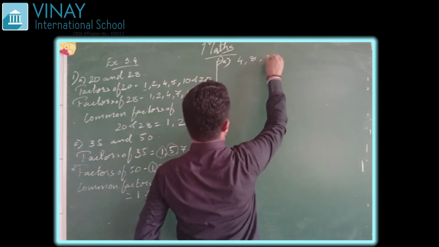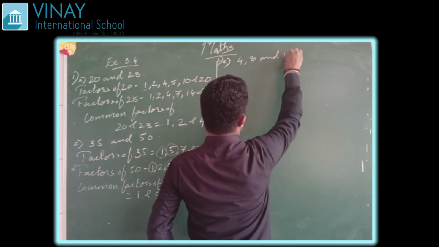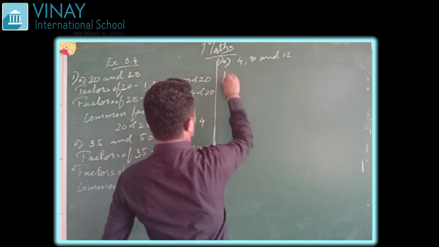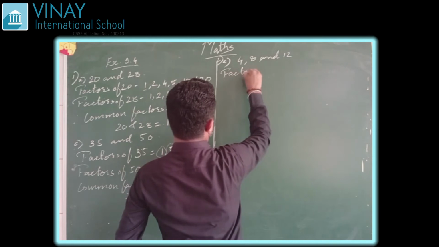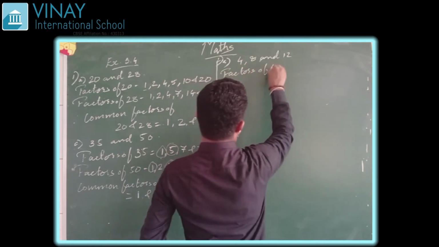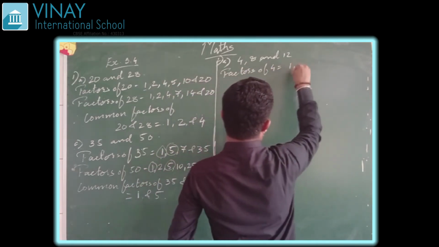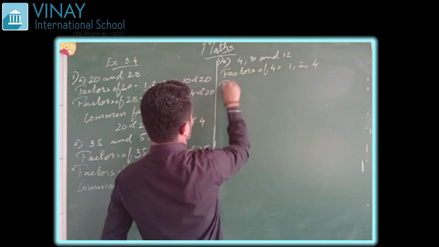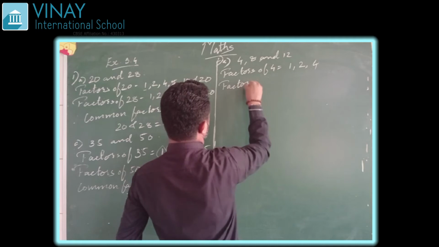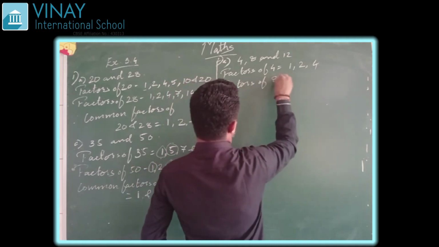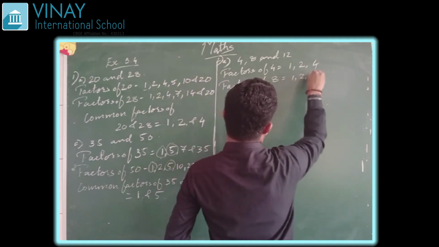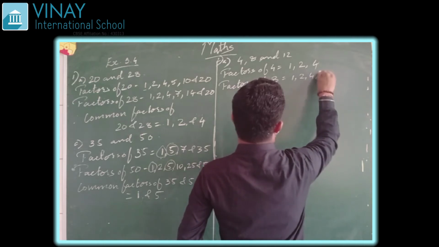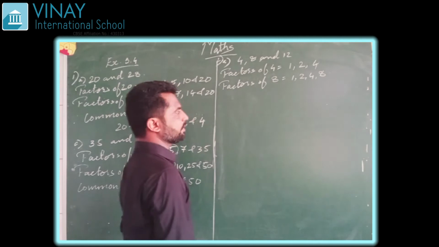As we have done here, factors of 4 are 1, 2 and 4, factors of 8 are 1, 2, 4 and 8.